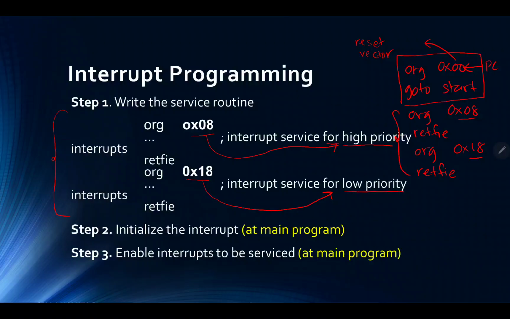There are only two levels of priority interrupt in PIC18, which are high and low. Whenever a high priority interrupt happens, the vector is 08, and for low priority it is 18. Just bear with me, you will understand how all this comes into picture very soon. Okay, so let's move on.